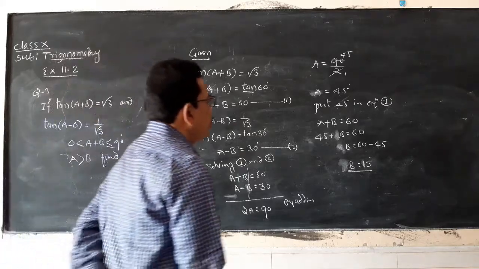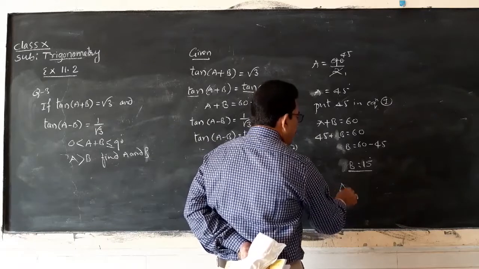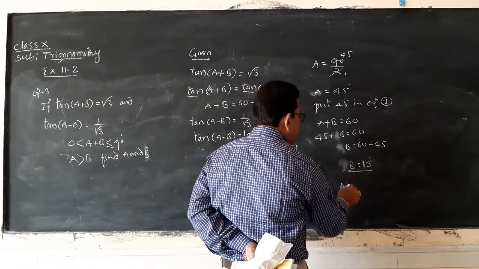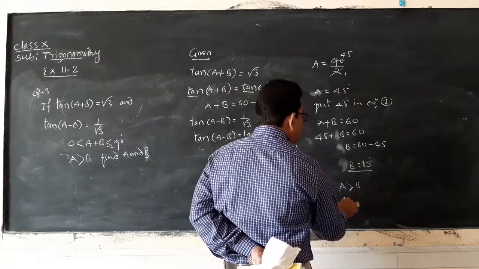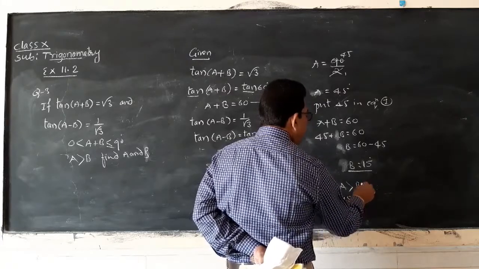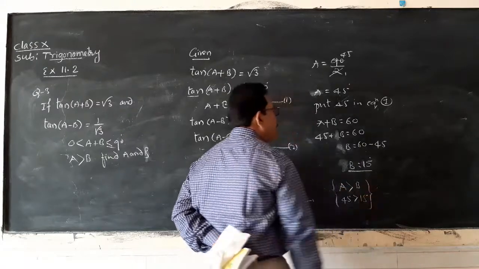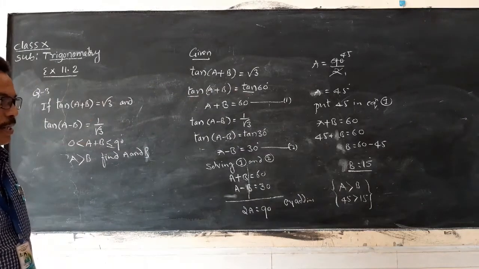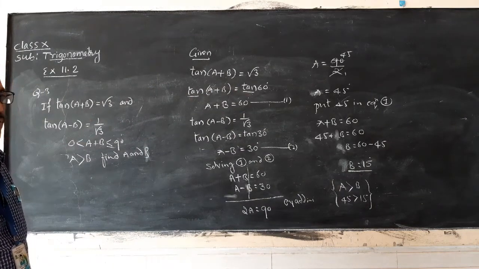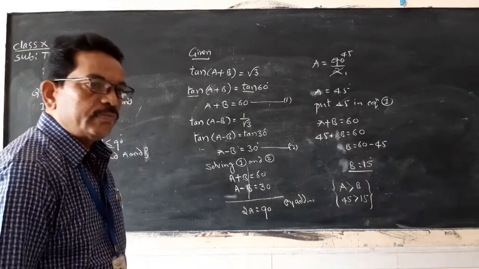So angle A is greater than angle B. That means 45 is greater than 15. Okay. Now write down.